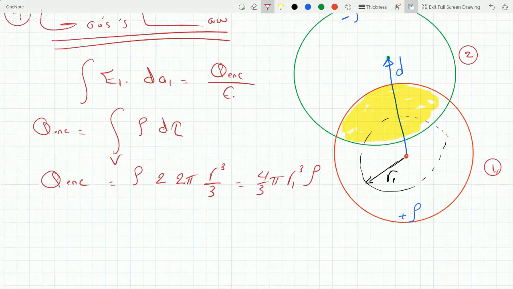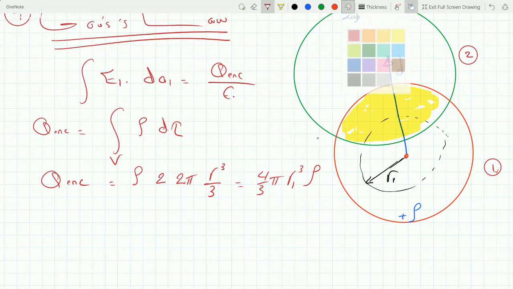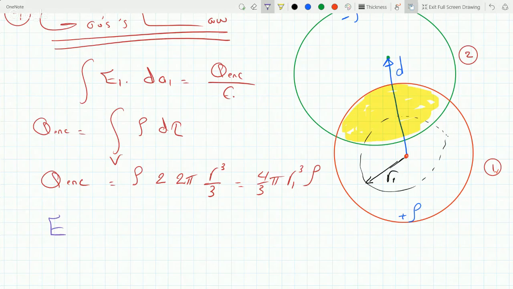Okay, so now I can plug it into Gauss's law. Due to symmetry, I can pull E1 outside the integral. The integral of dA1 is just the area of my Gaussian surface, which is a sphere, 4 pi r1 squared, equals 4/3 pi r1 cubed rho over epsilon.